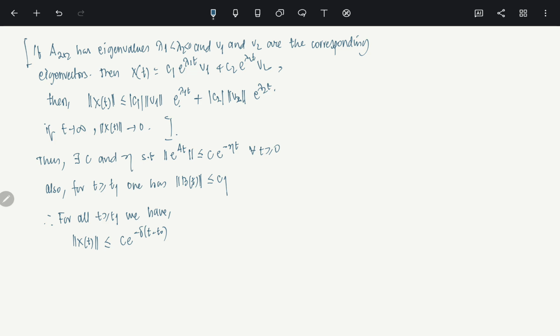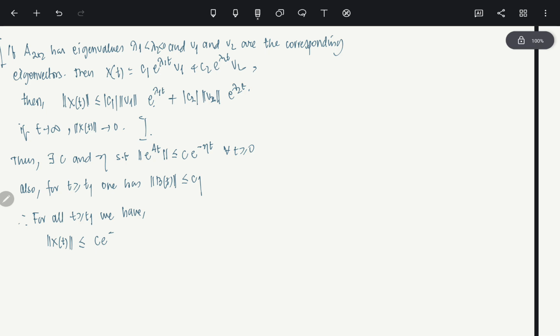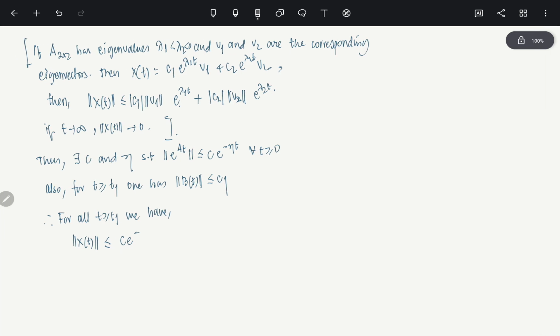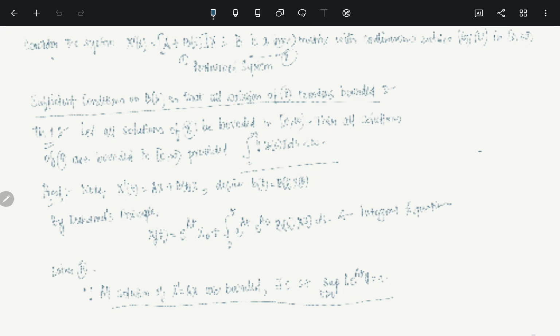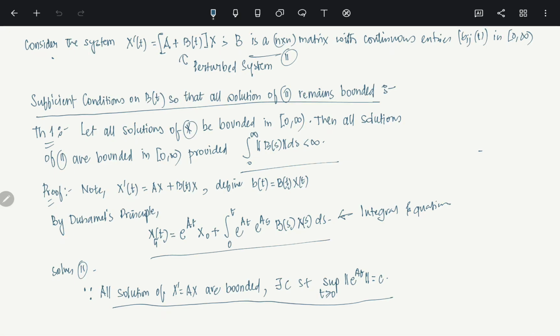Here I am assuming t naught to be 0, so I don't need t naught. Let's write it as eta t, times the norm of x naught. This is also true, the same equation.